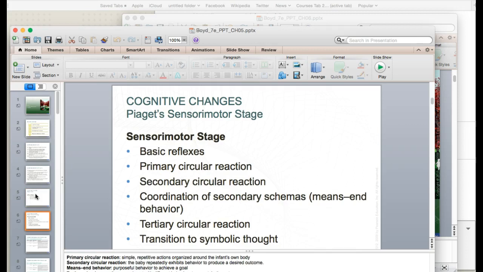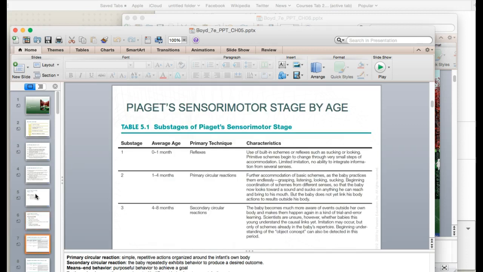Piaget. In terms of sensorimotor stages, there's, of course, basic reflexes, primary circular reaction, secondary circular reaction, coordination of secondary schemas, tertiary circular reaction, and transition to symbolic thought. These are the key components that Piaget describes in sensorimotor stages.